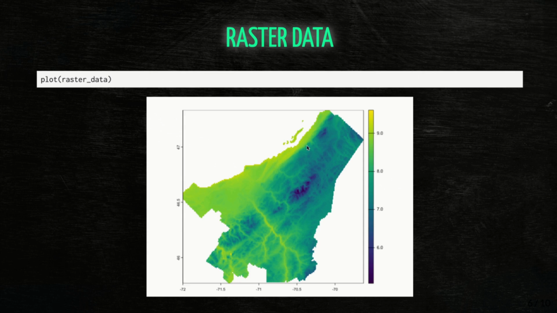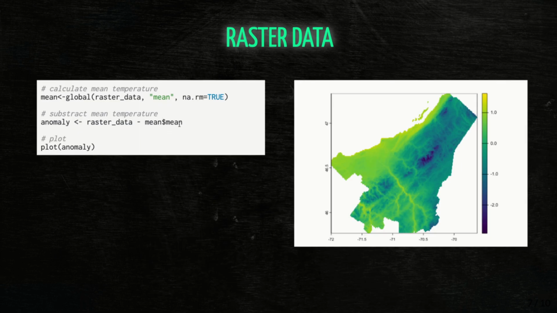So all the light green and near yellowish color represent a mean temperature of 9 degrees, and all the little squares that are more like bluish or darker blue color represent a mean temperature of 6 degrees.